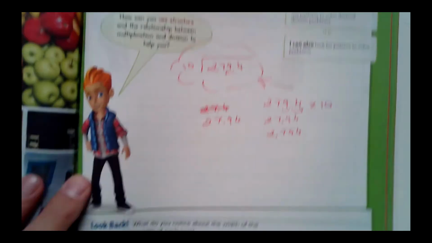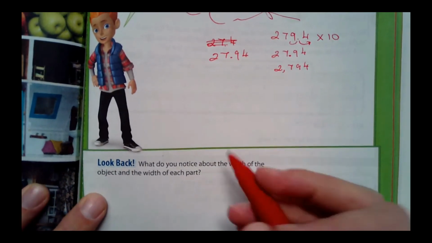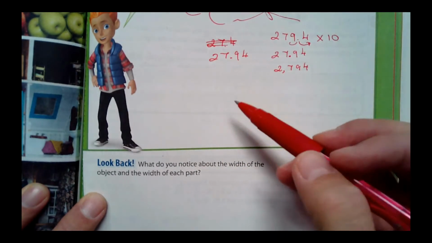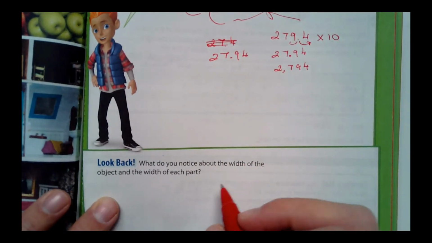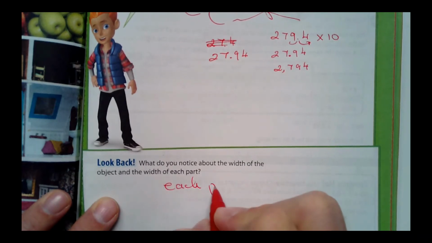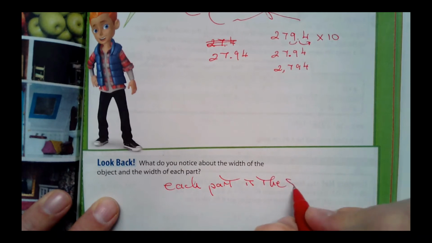All right, down below here it says, what do you notice about the width of the object and the width of each part? Well, if you actually were to do what they're asking you to do up here, each part is the same, what? Length.